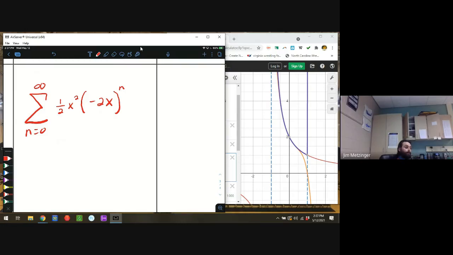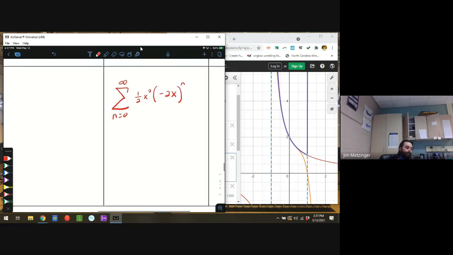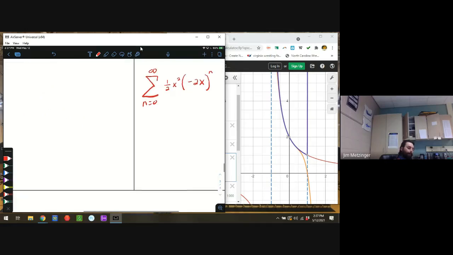So let's write out the first 4 terms, knowing that that's the series. The first term in our case is going to be when n is 0. So n is 0, n is 1, n is 2, n is 3. If I put 0 in for n, I get 1/2 x squared.